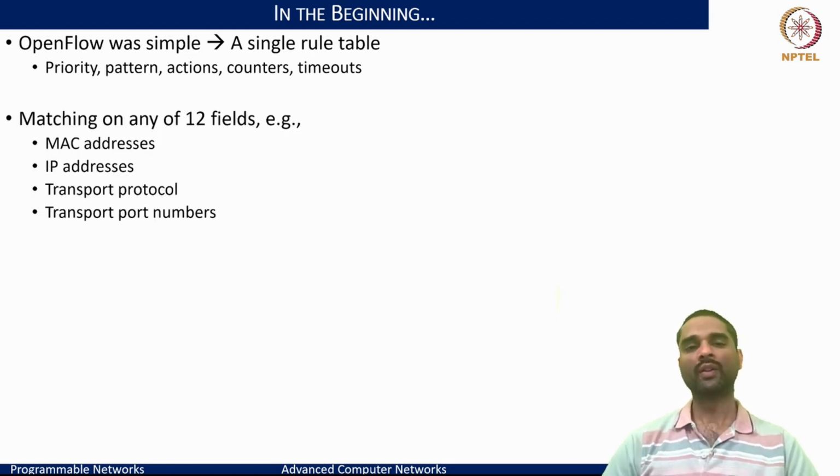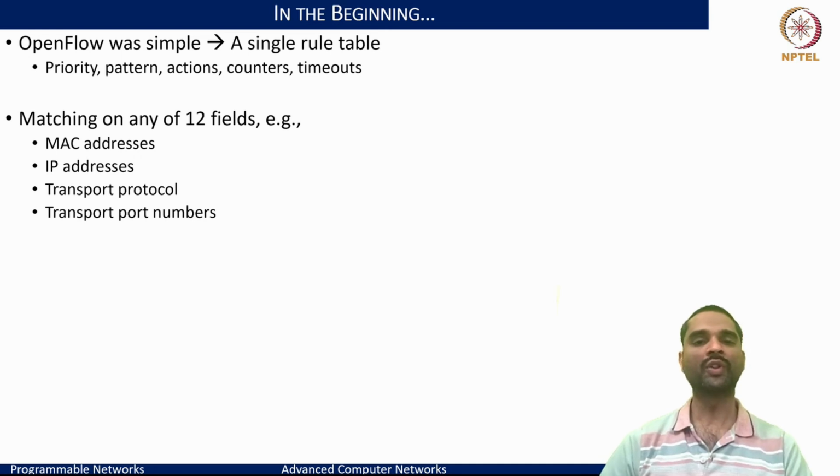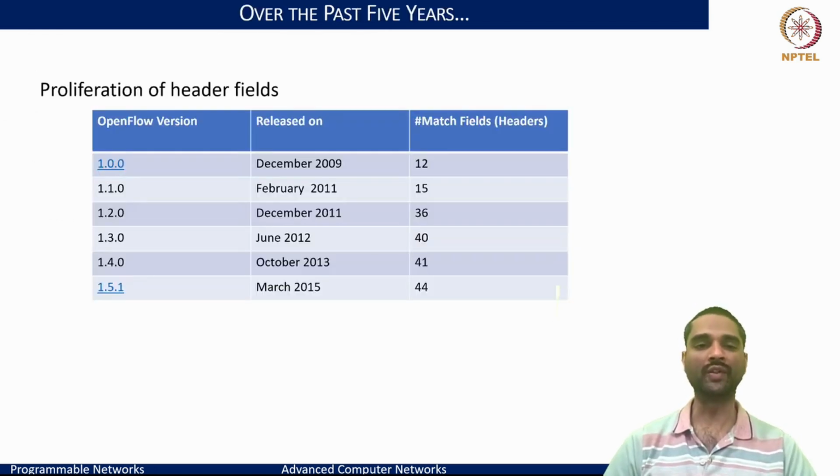But then the matching was confined to just 12 of the fields when OpenFlow 1.0 began, that were MAC addresses, IP addresses, transport protocol, and port numbers. But as the advancements happened, there were requirements to match on many of the other fields.